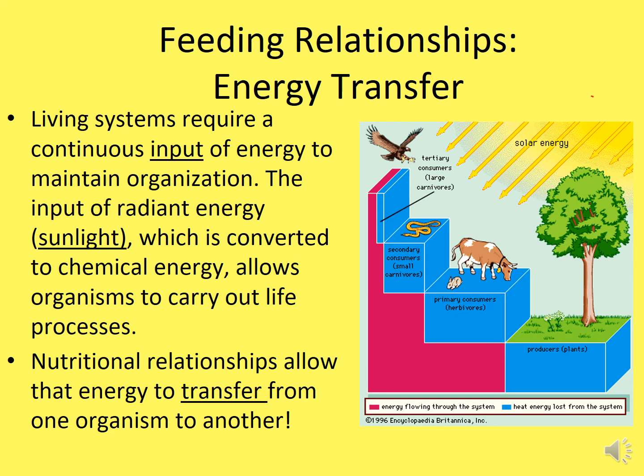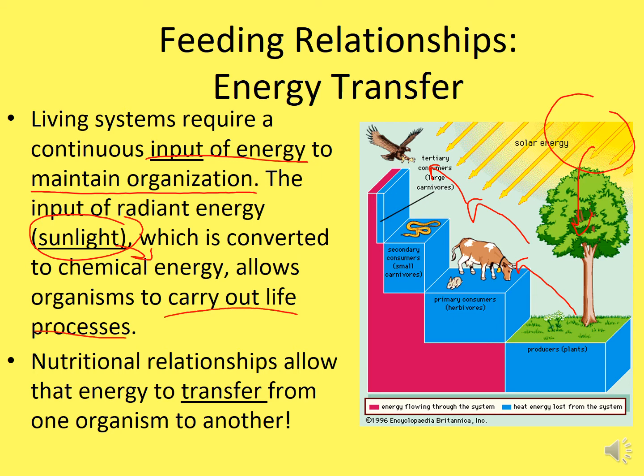So once the sun hits, remember it hits the plants, and the plants are producers. Then, as us consumers, we take in energy from the plants, who obviously had to go through photosynthesis. So, living systems require input of energy to maintain organization, and this is all coming from the energy from the sun, which is now changed into chemical energy that allows everybody to carry out life processes.